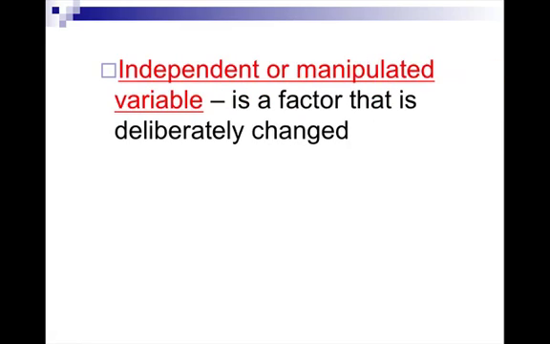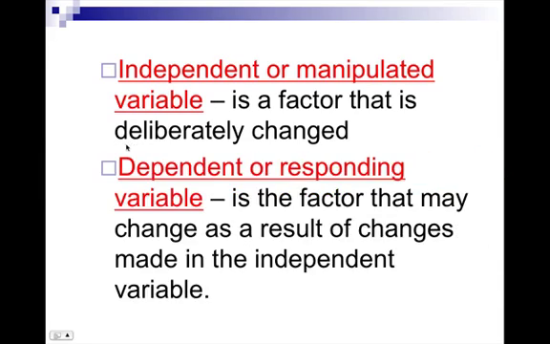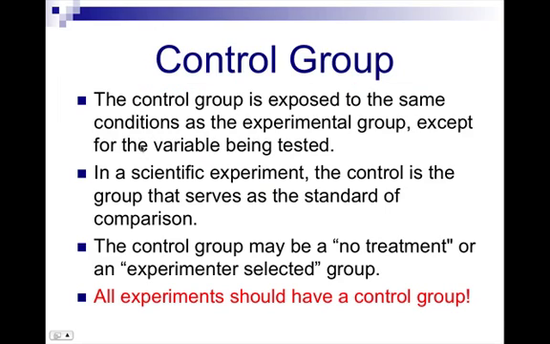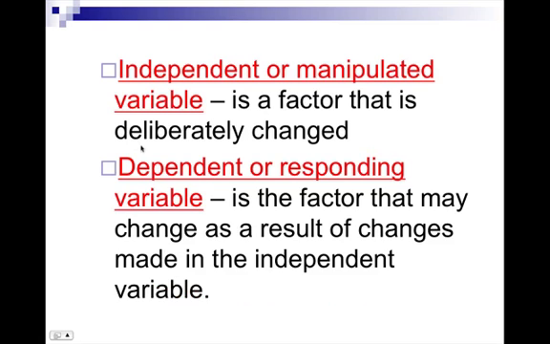The two main types of variables are what's called the independent or manipulated variable, and that's the factor that we deliberately change. The dependent variable, or sometimes called the responding variable, is the factor that may change as a result of changes made in the independent variable.